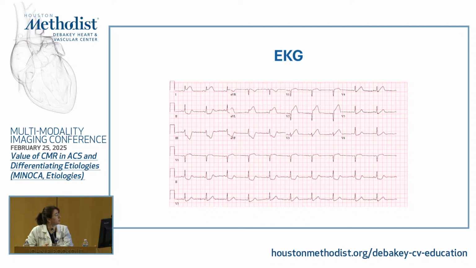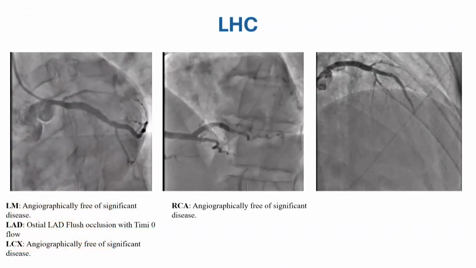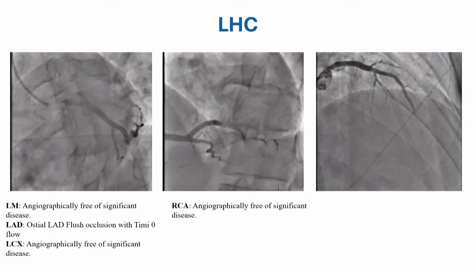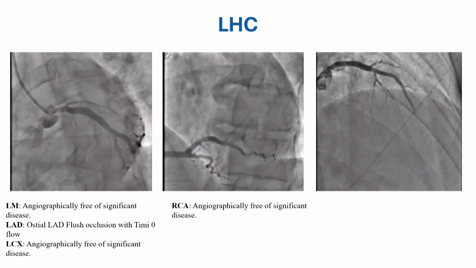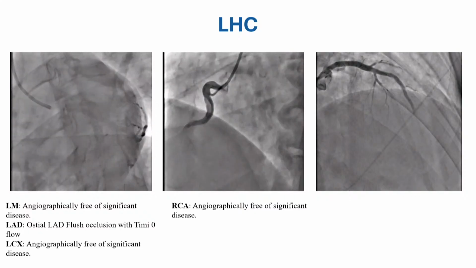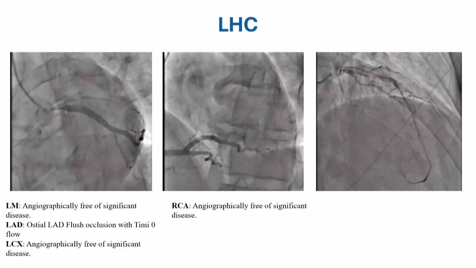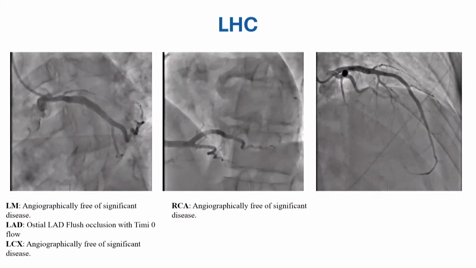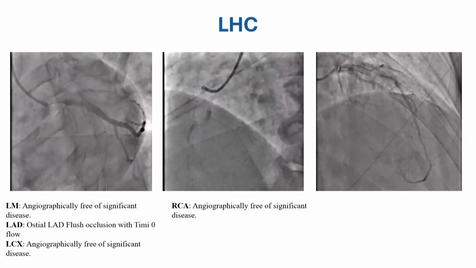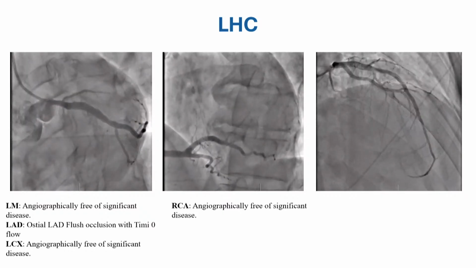So the patient is taken to left heart catheterization, which shows the RCA is pretty clean, the left circumflex is pretty clean, and there is ostial occlusion of the LAD. The patient undergoes PCI to his LAD lesion, and this is the post-intervention angiography result. As we can see, flow to the LAD was restored. All of this happened the same day the patient presented, just a couple of hours.